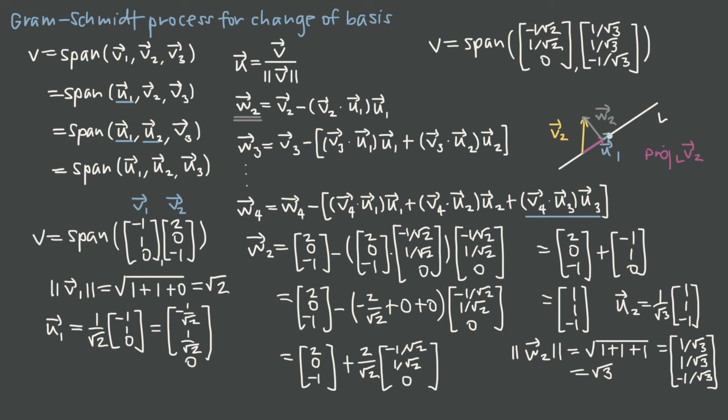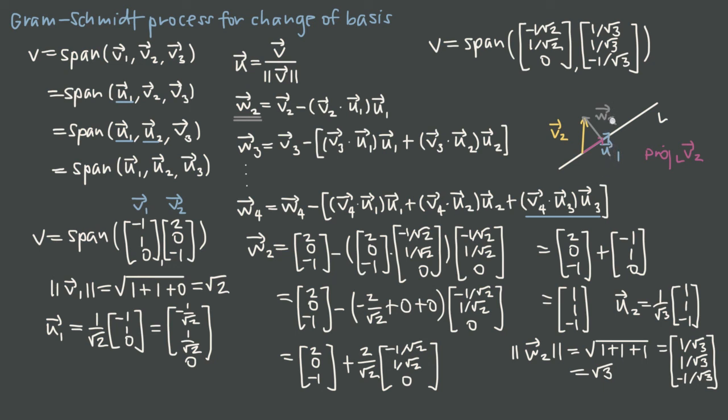So because of this relationship within this idea of the projection, we know that w2 is a vector that's guaranteed to be in v, but we would rather use w2 than v2 because w2 is orthogonal to u1. That's why we want to convert v2 to w2, because u1 and v1 don't have an orthogonal relationship to each other. They're not orthogonal, so we can't use them together to form an orthonormal set. But u1 and w2 are orthogonal to each other.